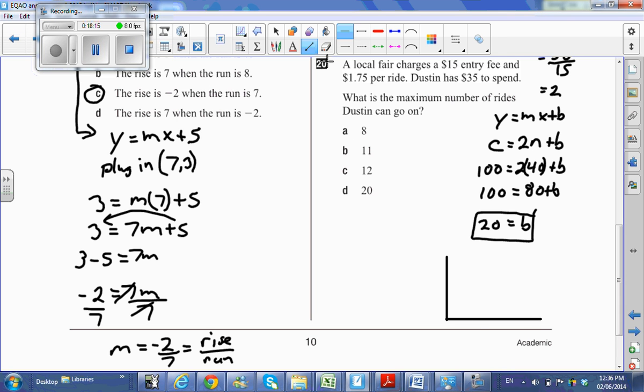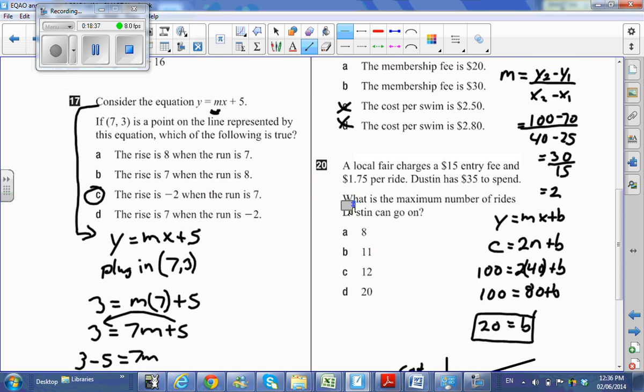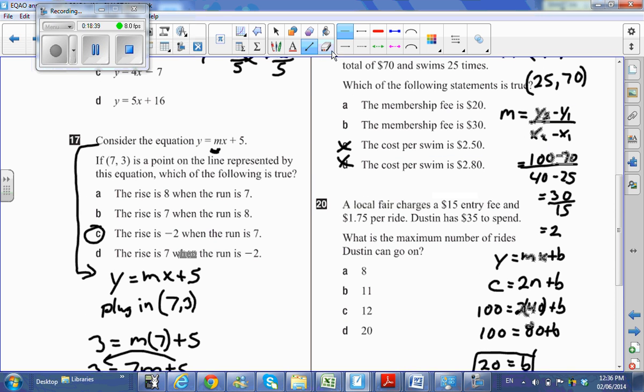So this is number of swims, and we see the cost here, the initial cost would be 20. And then our line, of course, from here would go up to the right. So did we have an initial cost of 20? Yes, it was here.